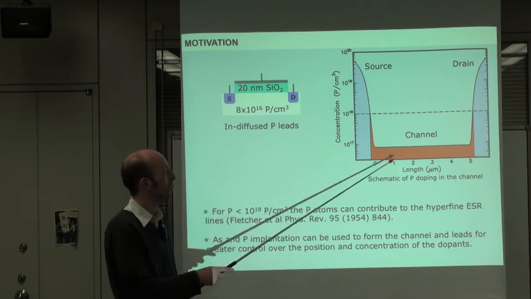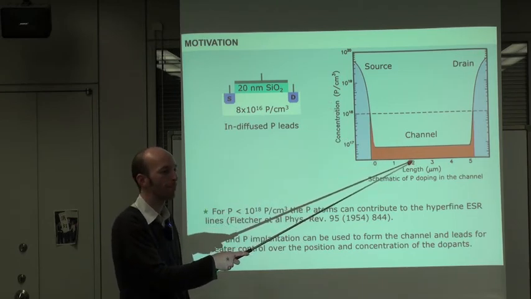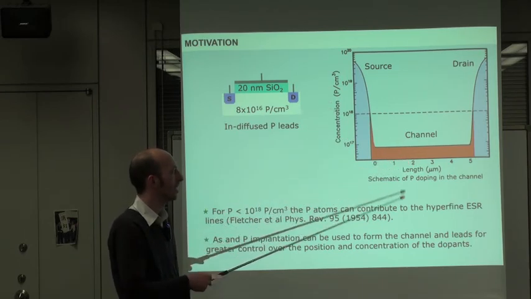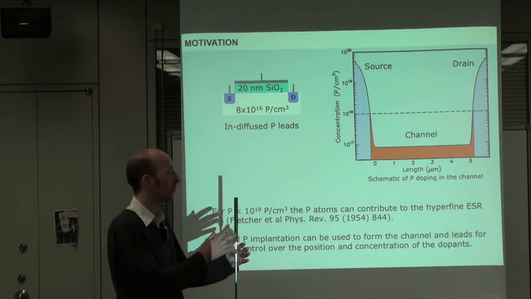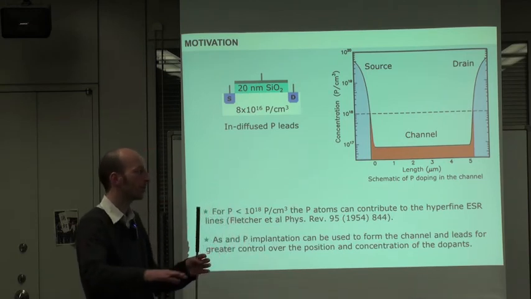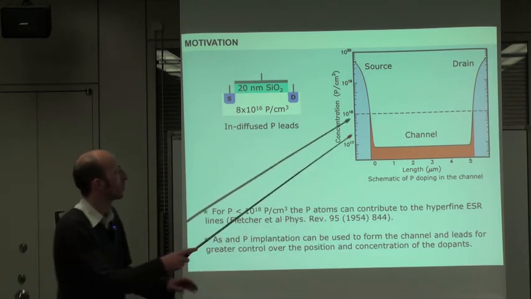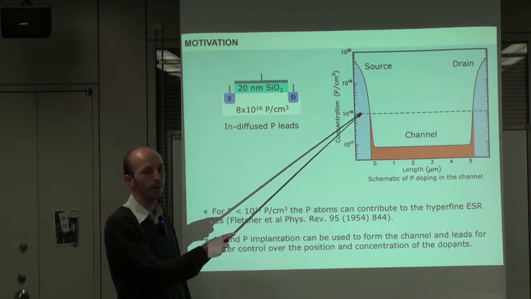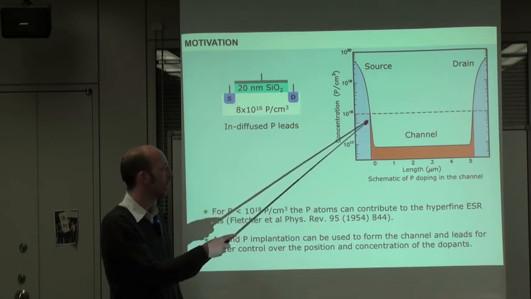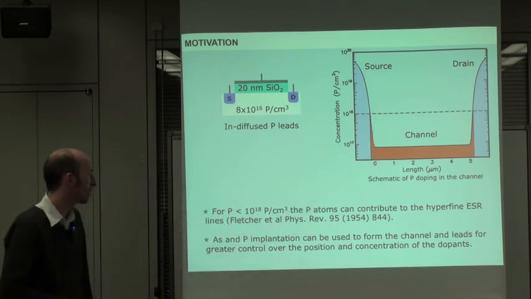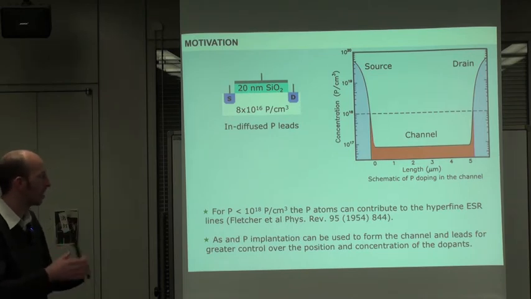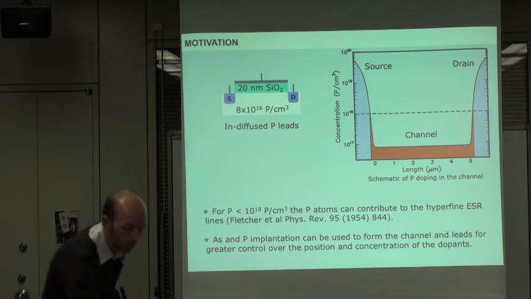So we wanted to put arsenic into the channel instead of phosphorus, just to confirm that we weren't seeing any non-local phosphorus effects. So probably up to a concentration of 1E18, you would be getting resonance, but above that, you don't see the hyperfine structure.